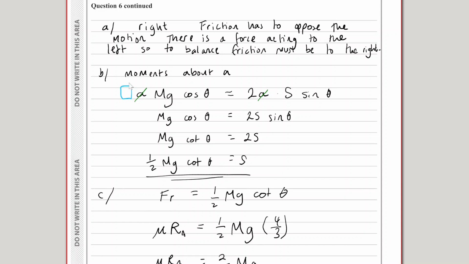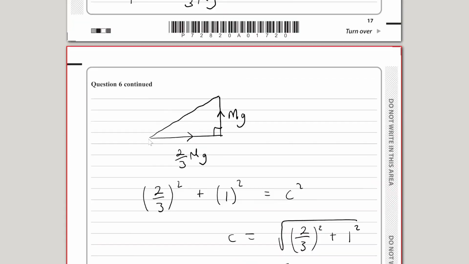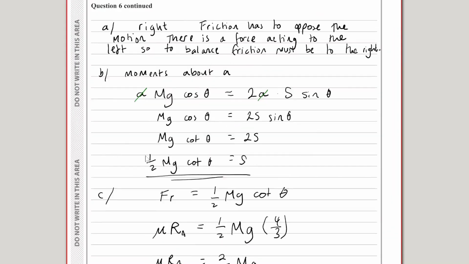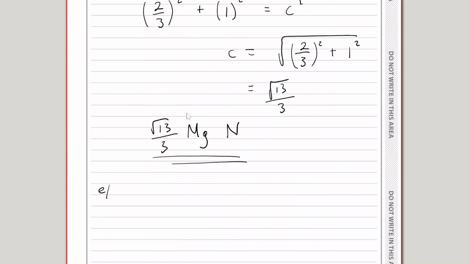So the closer we make it to B, the bigger S is going to be. So it would have to be larger. Larger, is that the word used in the question? The value of S would have to be larger.